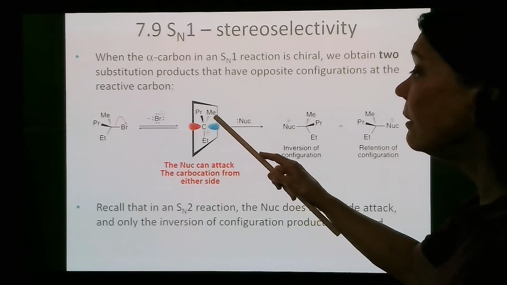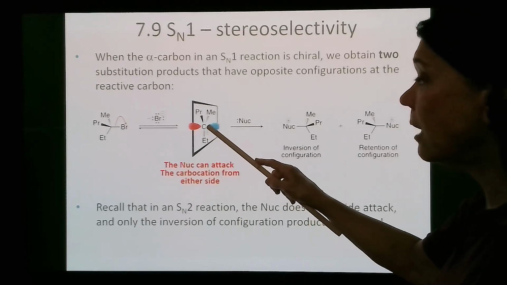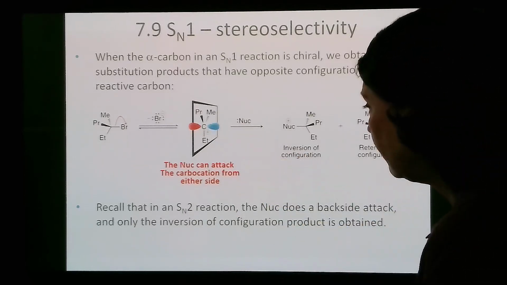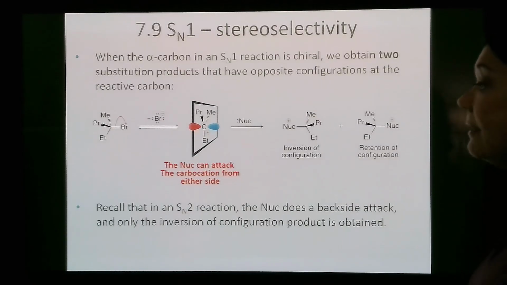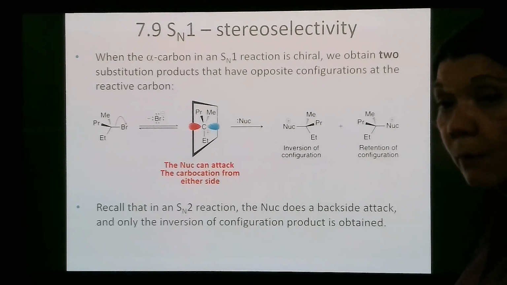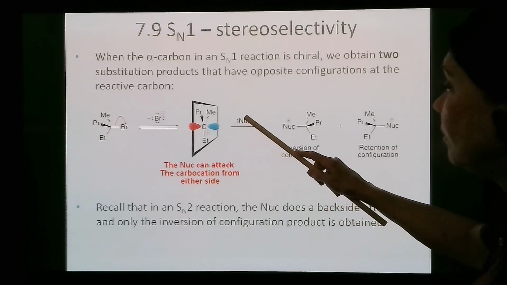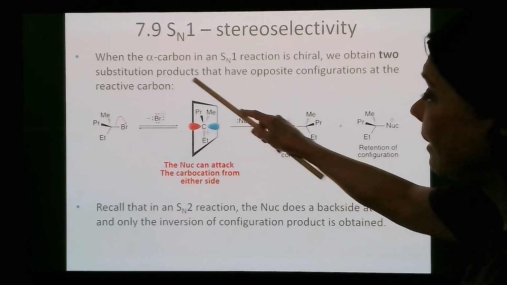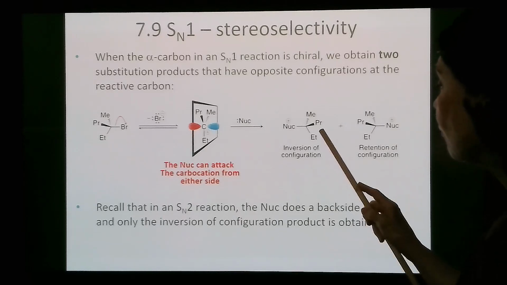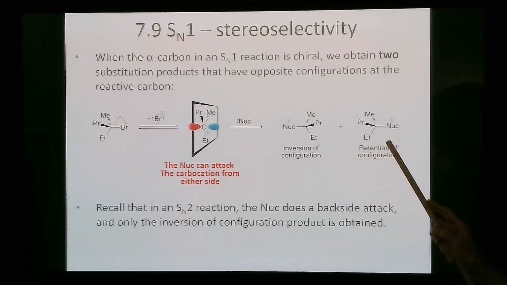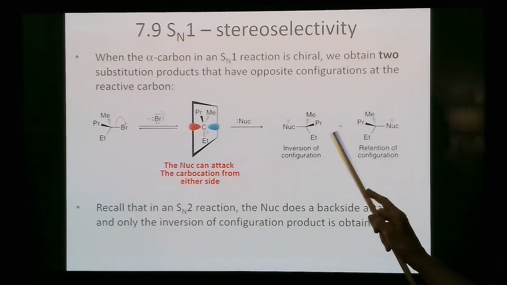And so now this carbocation is planar in the immediate vicinity of the carbon bearing the positive charge. And this is typical of all carbocations. They are planar intermediates. That means that the nucleophile can come in from either side. And so you're going to get both types of products. You're going to get the two enantiomers in about equal proportions. So you're going to get a racemic mixture.